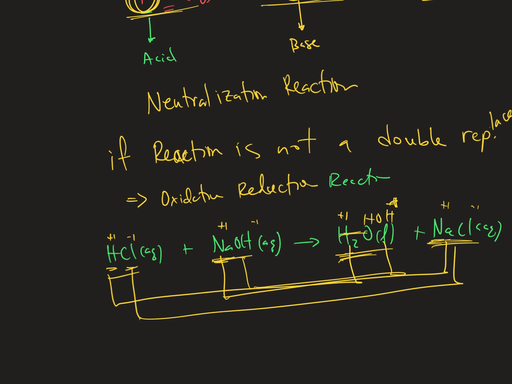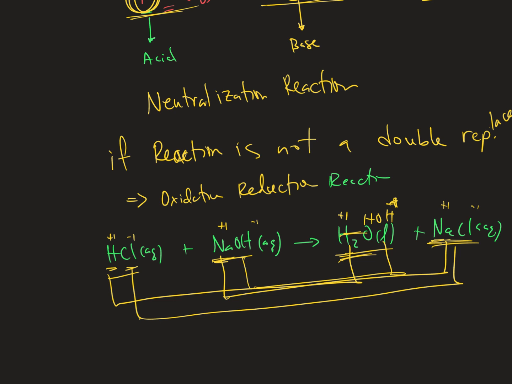H2O2 goes to H2O plus oxygen. Is that a double replacement reaction? No, I hope we can see it's not. Two things don't get replaced. They don't swap partners. There's only one substance on the reactant side. So this is what type of reaction?